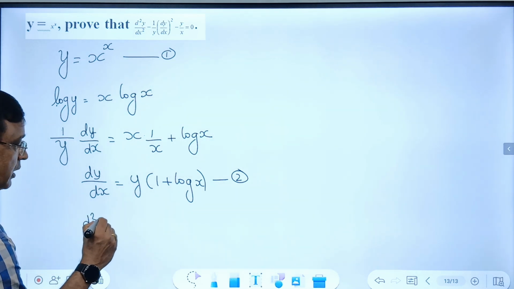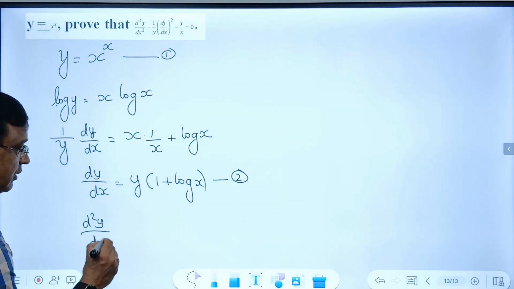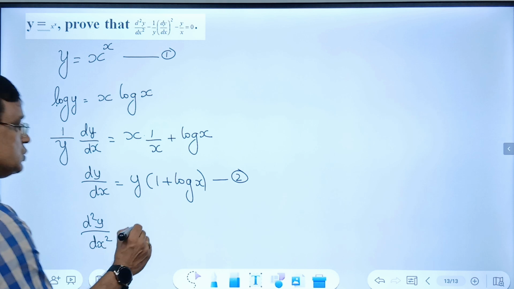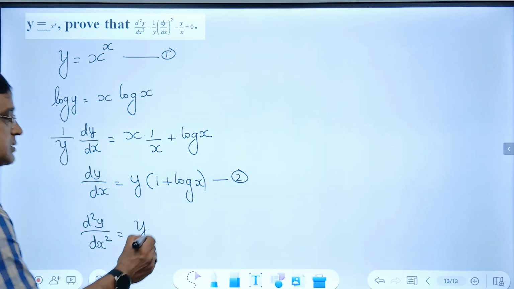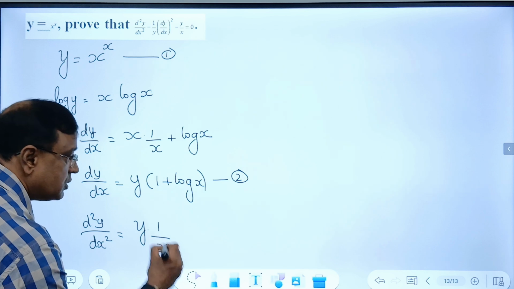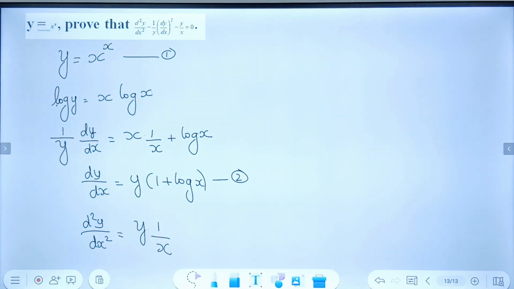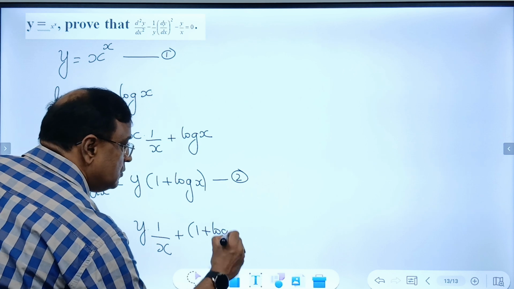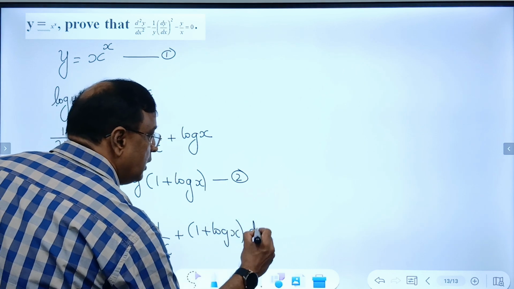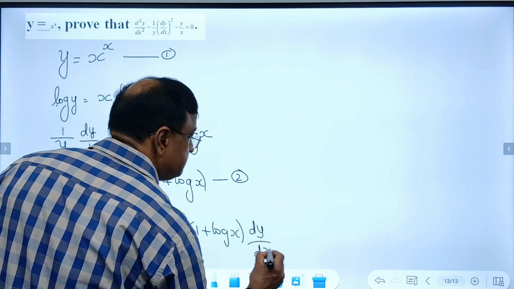d square y by dx square, second order derivative, which is u into, what is differentiation of 1 plus log x? 1 by x, because differentiation of 1 is 0, log x is 1 by x, plus 1 plus log x into, what is differentiation of y? dy by dx.